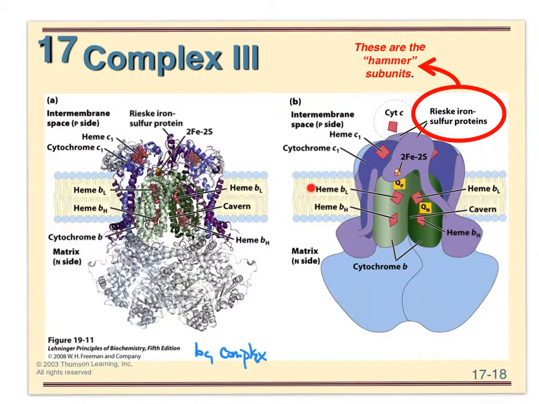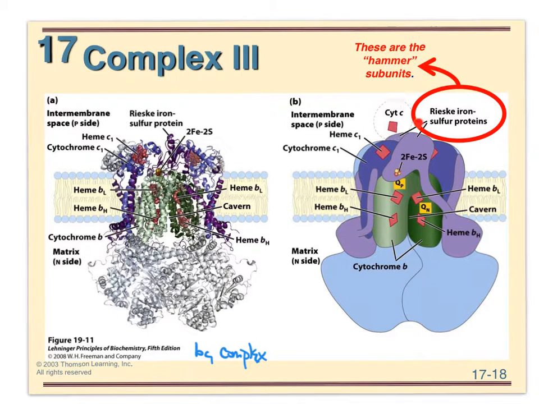Okay, some of the other things to point out is that there are two hemes. The L and the H stand for their electronic potential. So this is heme B with a low electronic potential. This is heme B with the high electronic potential. Then we have a heme C1, which is near the P side on a different protein of the complex. And then this is where it gets kind of tricky.